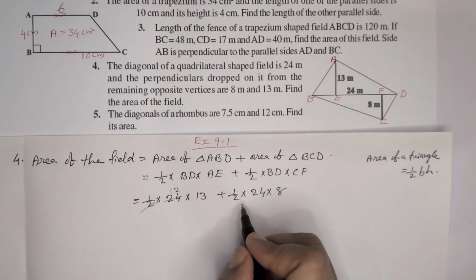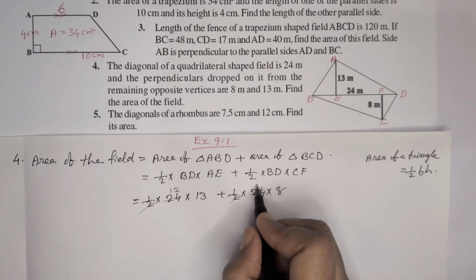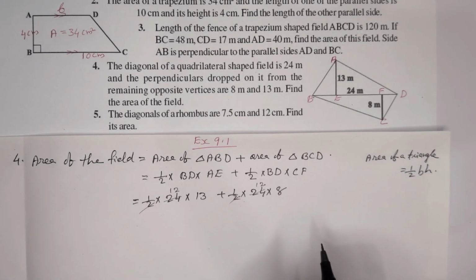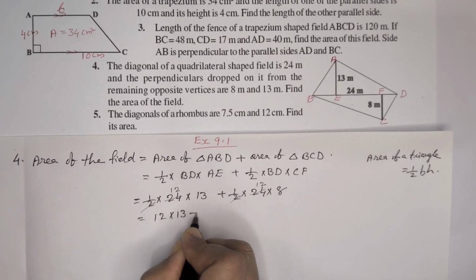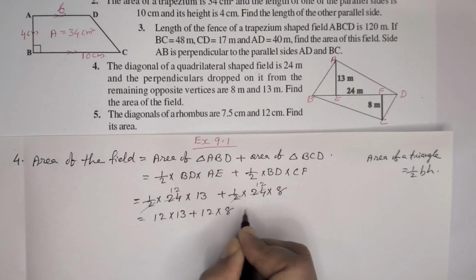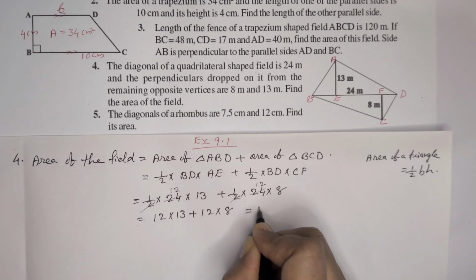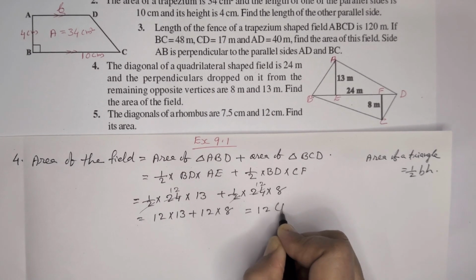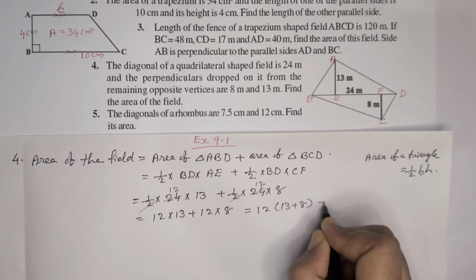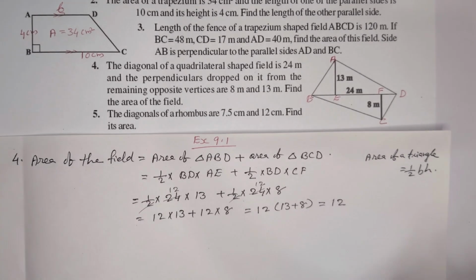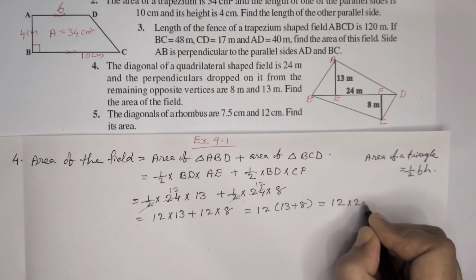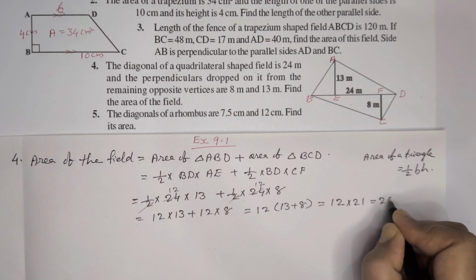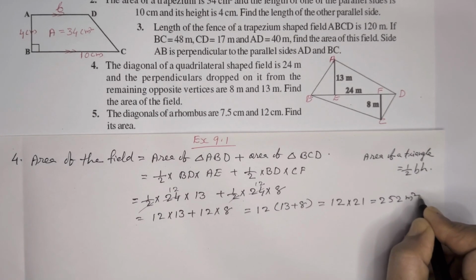And here when we are dividing that, here also 12. Which is equal to 12 into 13 plus 12 into 8. And that is equal to, we can take 12 as common, 12 into 13 plus 8, that is 12 into 21. And it is equal to 252 meter square.